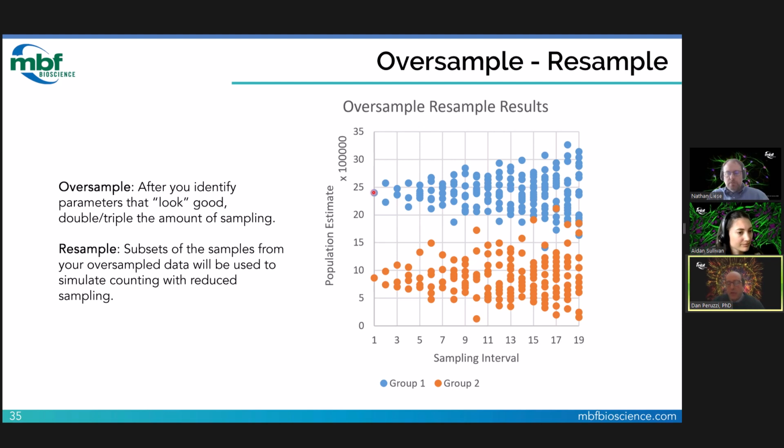So we have all this data, and our Stereo Investigator can ask the question, what if you had looked at every other site or every other section? So for that, we look at 2 on the x-axis, and the program looks at every other site.